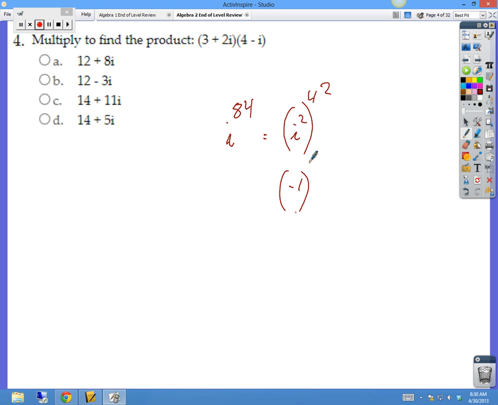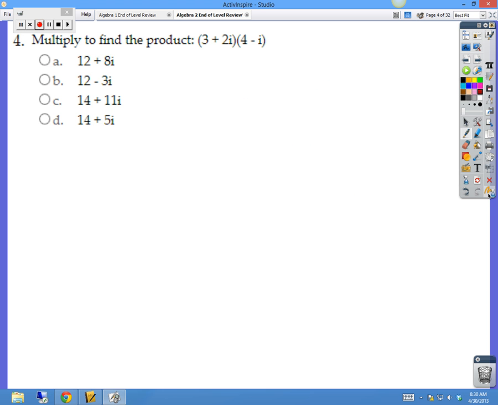What's a negative 1 times itself 42 times? That's a positive 1. What if this was 86? So then it would be 43. So then it'd be a negative 1 times itself an odd amount. So then it would be a negative 1.